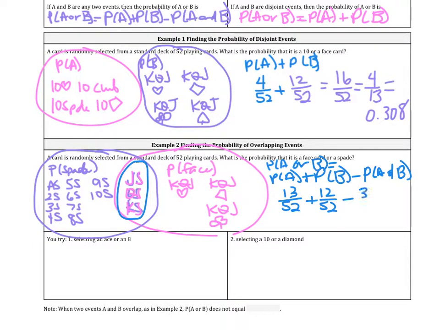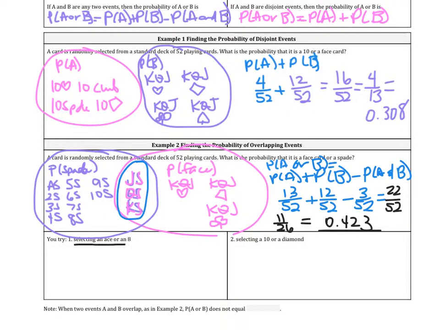So we have to subtract out the 3 out of 52, or we're double counting it. So now we have 13 plus 12 minus 3, that is 22 out of 52. And that reduces to 11 out of 26, which equals 0.423. Okay?